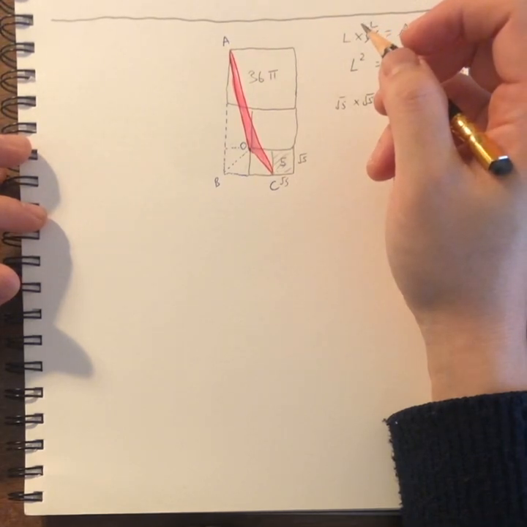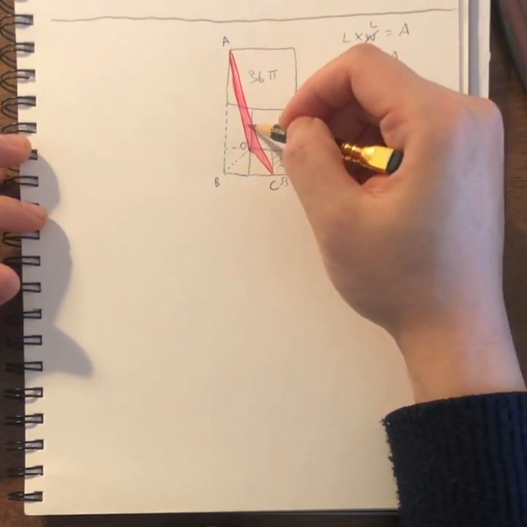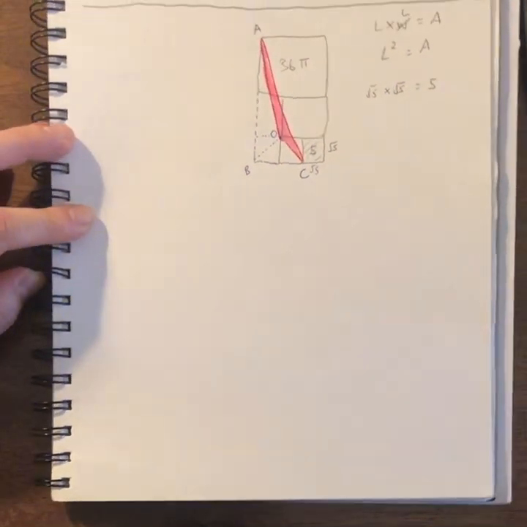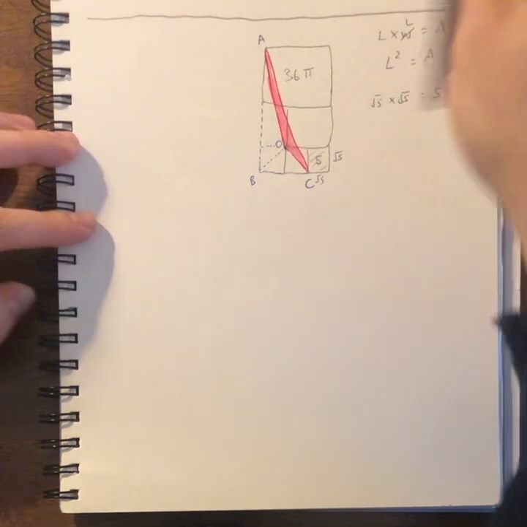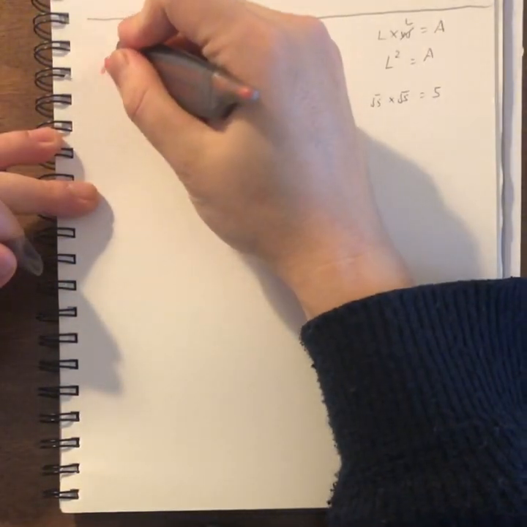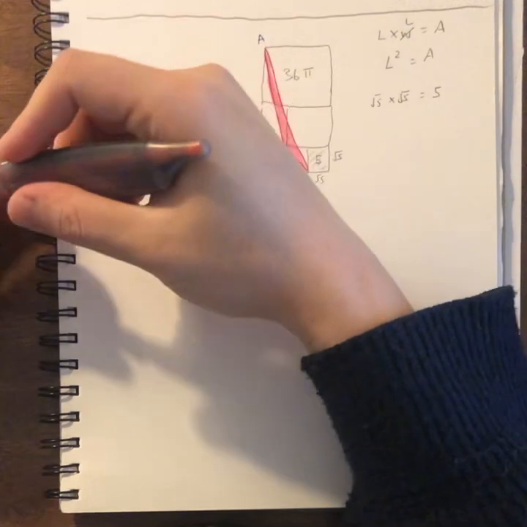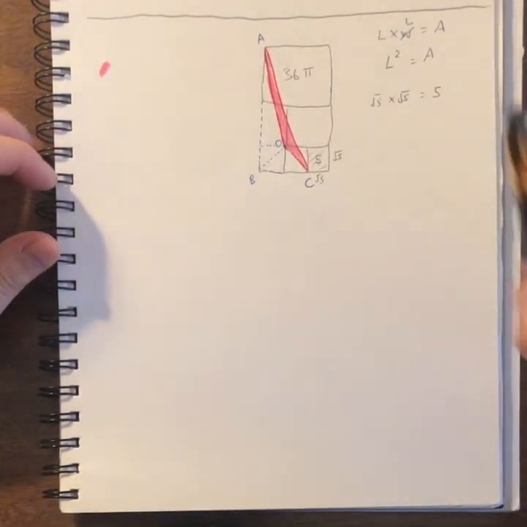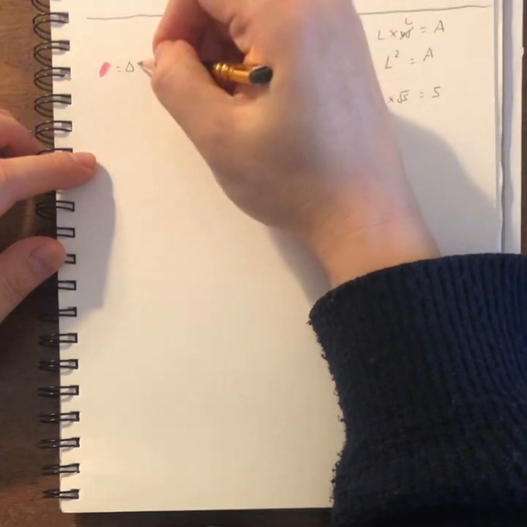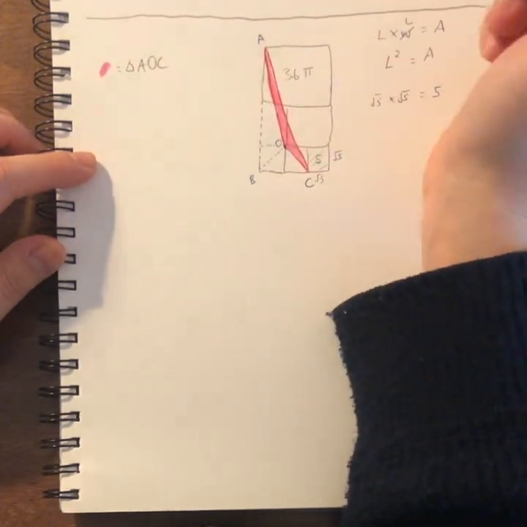So really, we can think of it as this red triangle here. We'll call this red thing here triangle AOC.